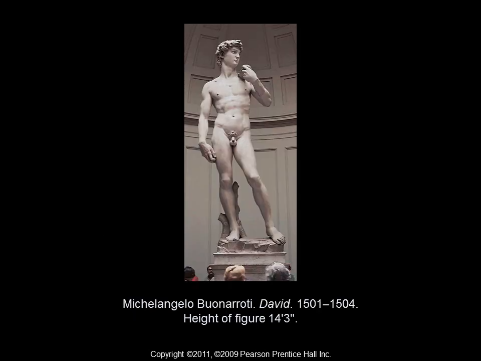This slide is of Michelangelo's David. It was made between 1501 and 1504. David was of symbolic importance to the city of Florence. They saw themselves as David and saw Rome as a representation of Goliath. The Medici family also became a representation of Goliath.